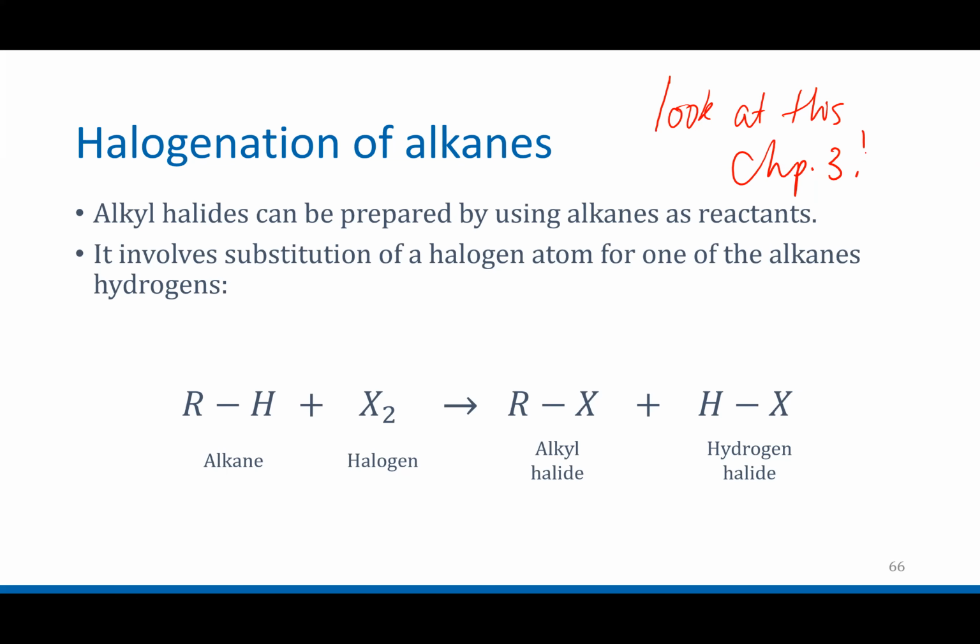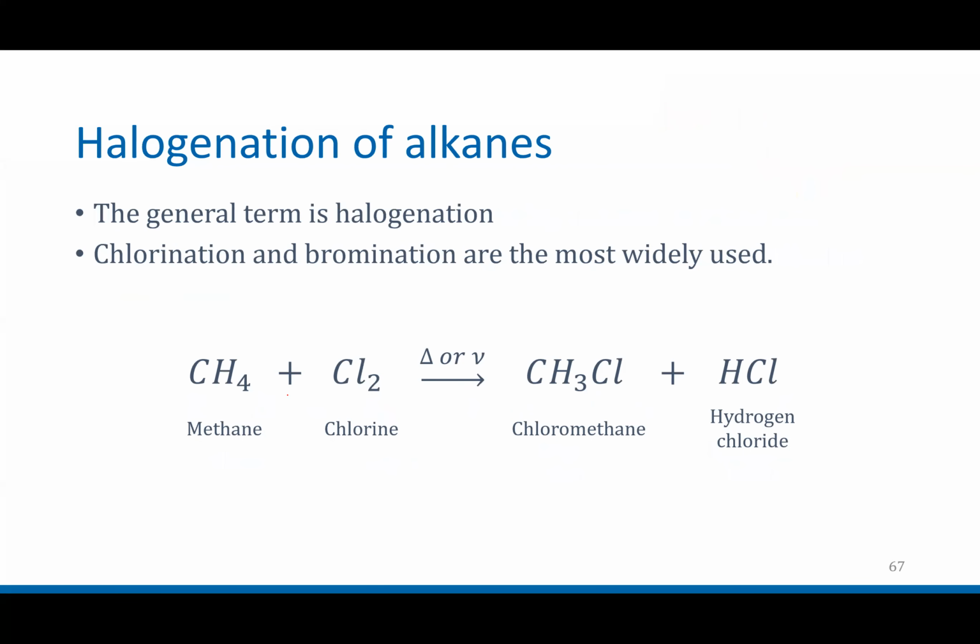Alkanes aren't that reactive, but with a nice and reactive halogen, maybe some other conditions like some heat or some energy to help it along, we can actually replace a hydrogen on an alkane with a halogen. But we'll come back to this mostly in chapter 3.